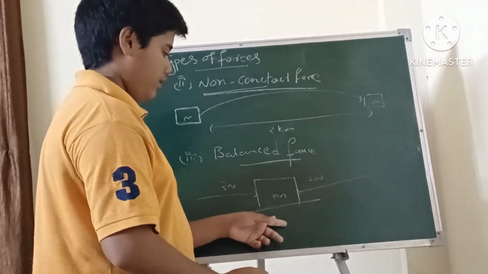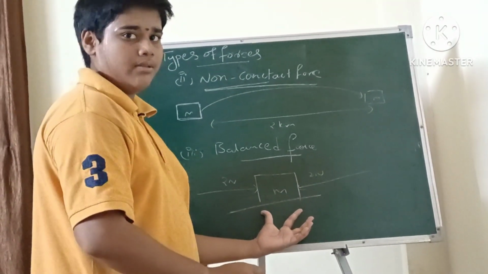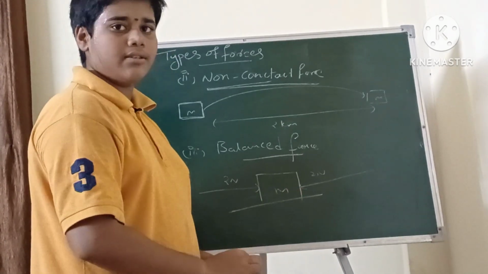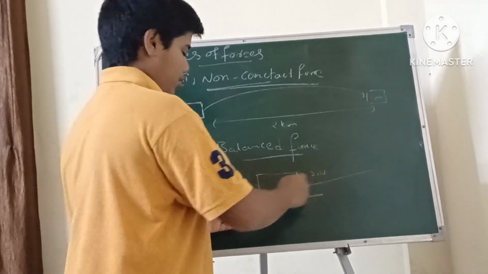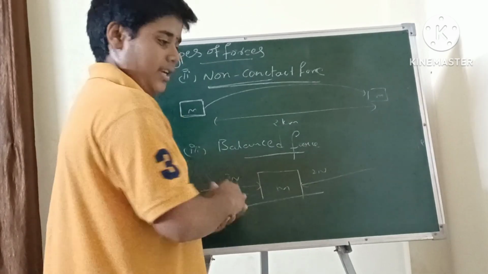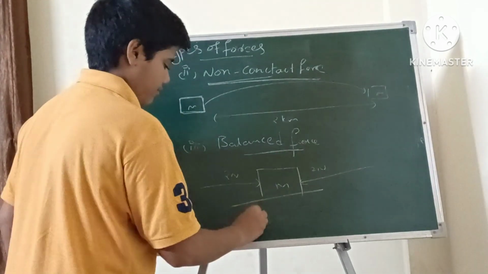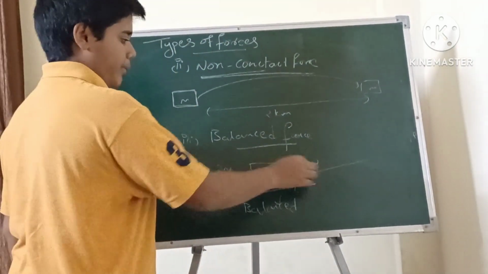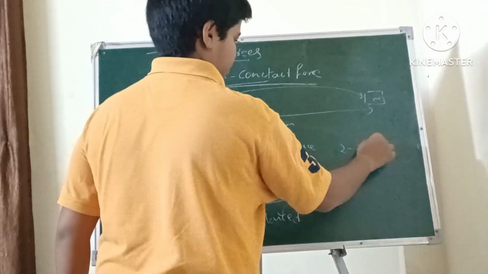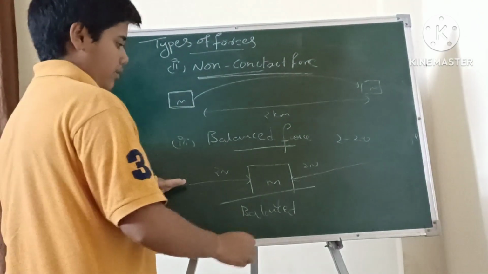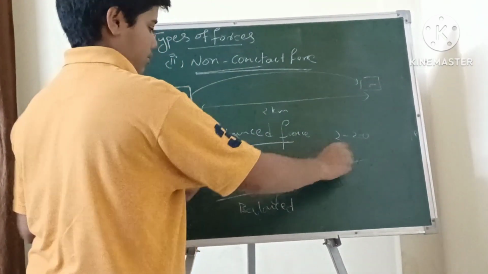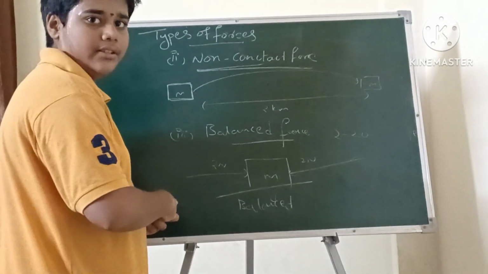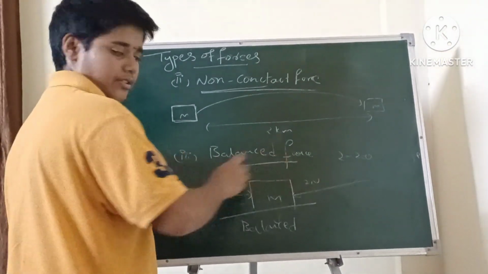It stays in this rest position because 2 newtons applied, 2 newtons applied. So this is balanced. Equal newtons is applied, so this is balanced. Balanced because 2 minus 2, 0. If both forces in both directions are in opposite, we have to subtract.